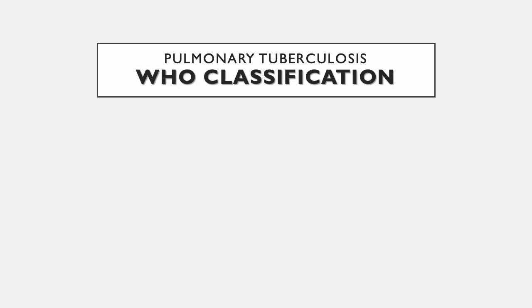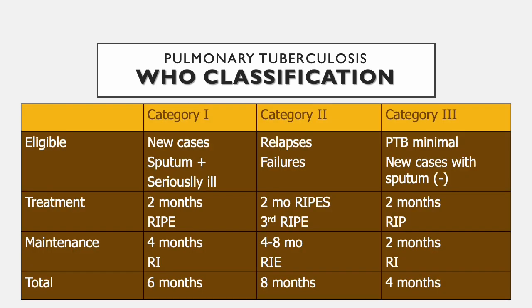Now, this is the category of tuberculosis. Ito yung mas ginagamit, the WHO classification, where your patient falls under category 1, so that's new cases plus sputum plus seriously ill. Or category 2, these are those who have relapsed and those who have failed the treatment. You also have category 3.